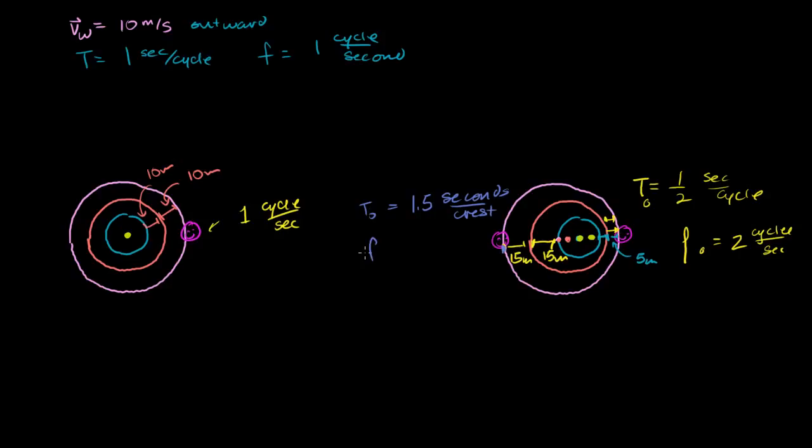And if you take the inverse of that, 1.5 is 3/2, so that's 2/3 of a crest, or 2/3 of a cycle per second. So when the source is moving away from this observer, the perceived frequency is lower than the frequency of the actual emitted wave.